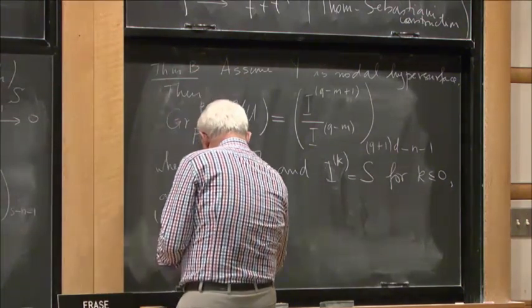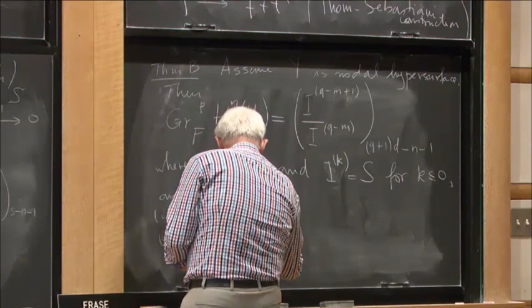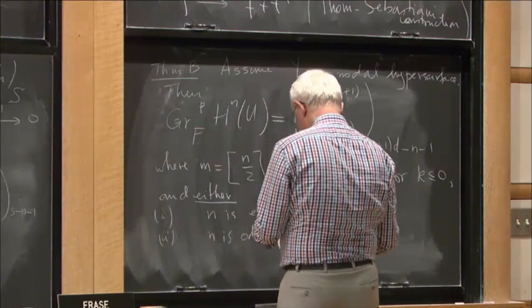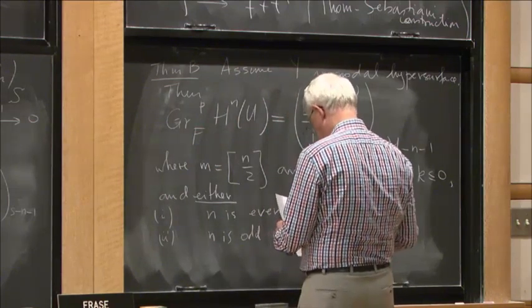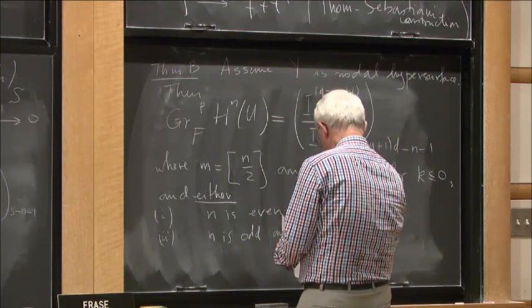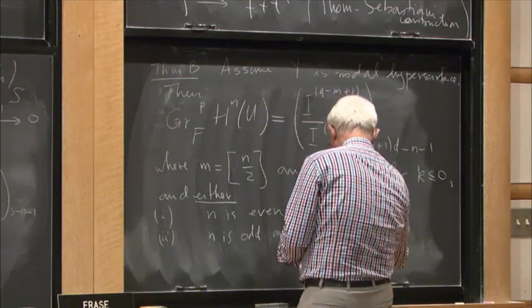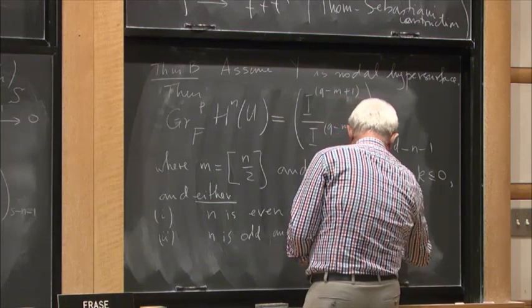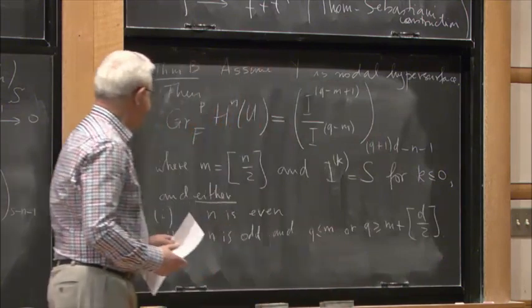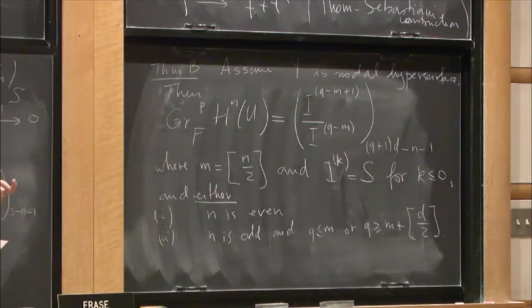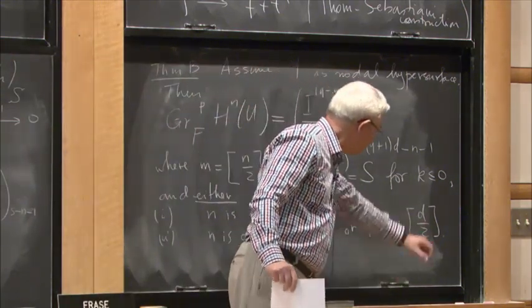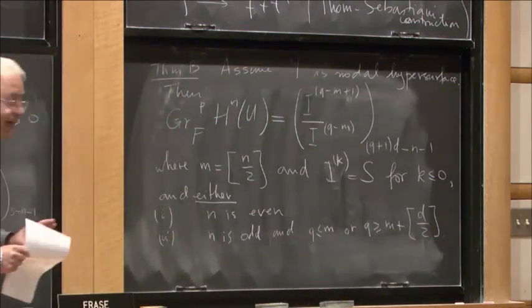The second is that n is odd, and so if n is odd, we have a gap between m and m plus d over 2, where we cannot conclude.